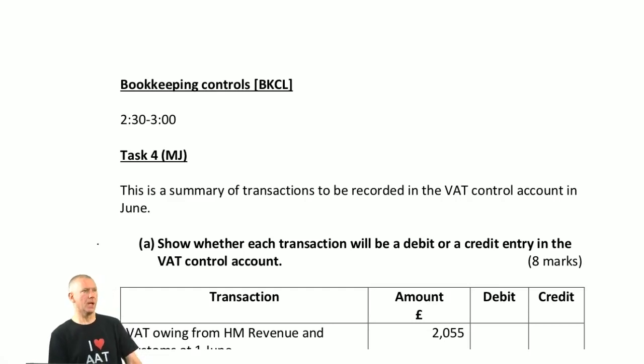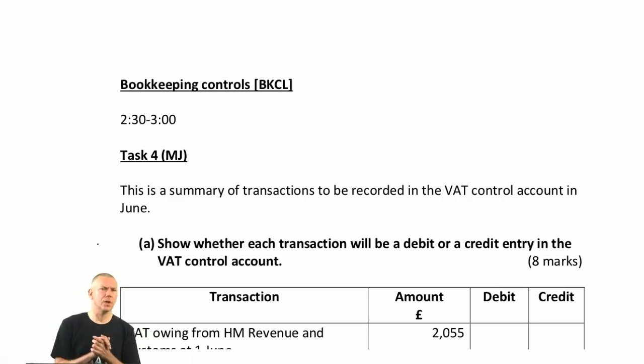Really, really useful. But it's my job today to present not so much on the electronic process, but on the technical content. As mentioned to camera a moment ago, the two bookkeeping papers overlap enormously. They're very closely related. This one's called Bookkeeping Controls and asks us to do a little bit of transaction recording, to be frank with you.